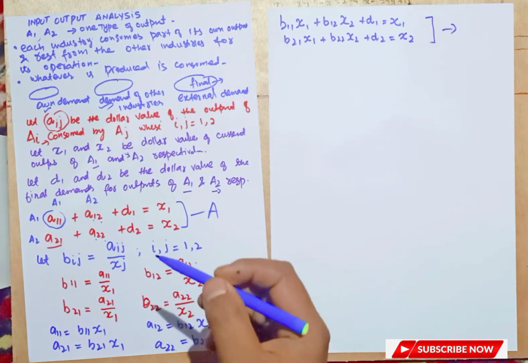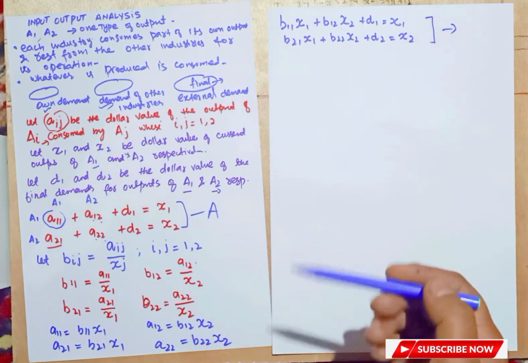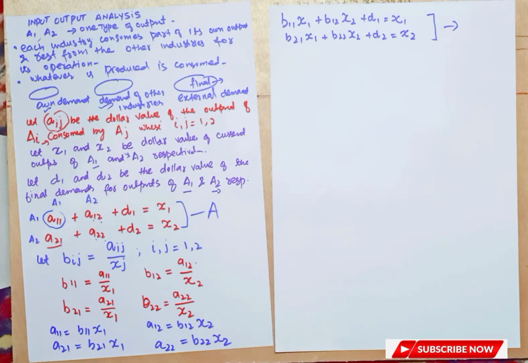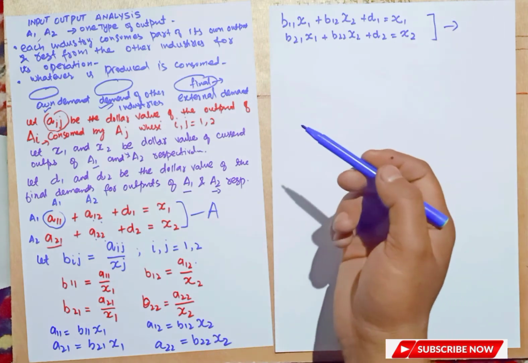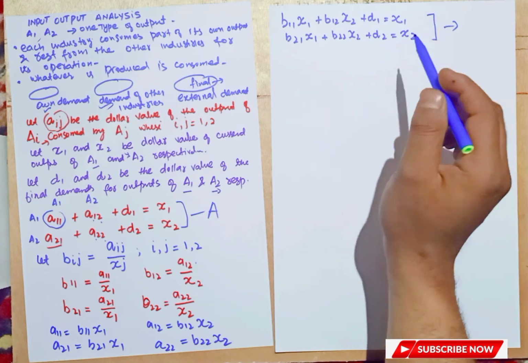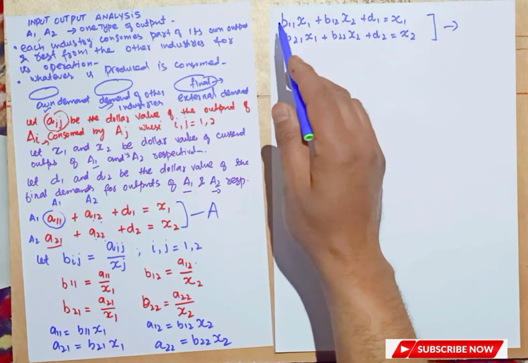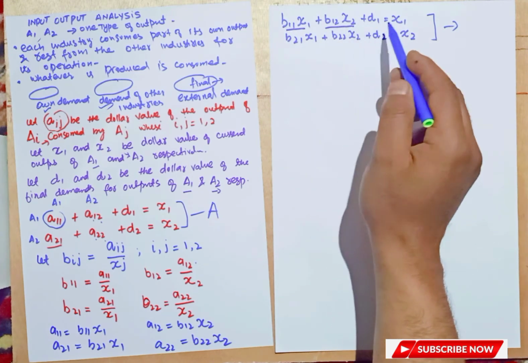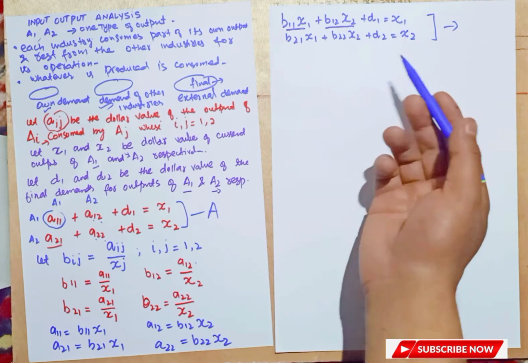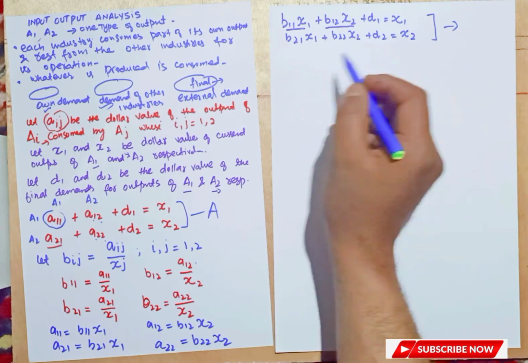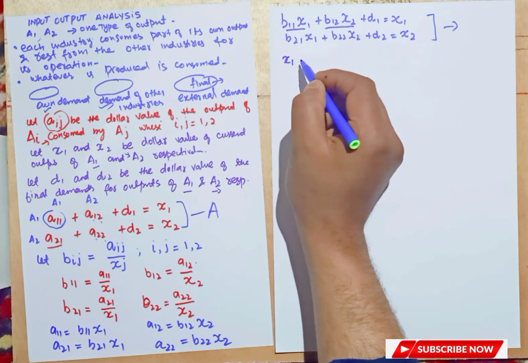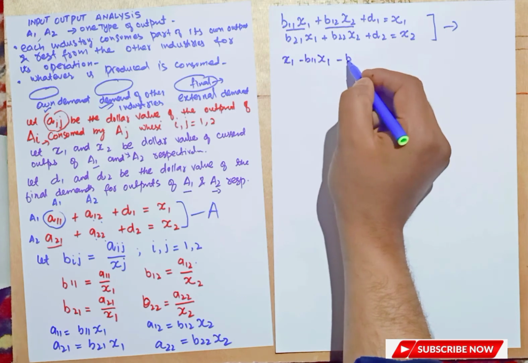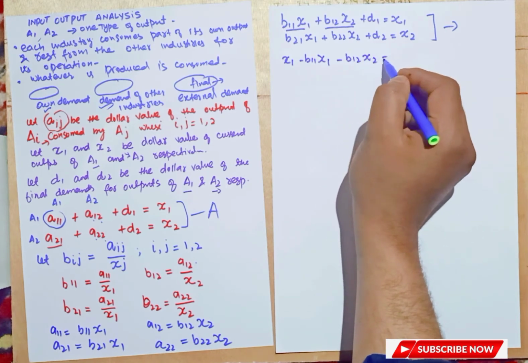Now we can rearrange these equations again. So what will we do? We will first of all take all these parameters or coefficients to the LHS. So I will write here X1 minus B11 X1 minus B12 X2 is equal to D1.